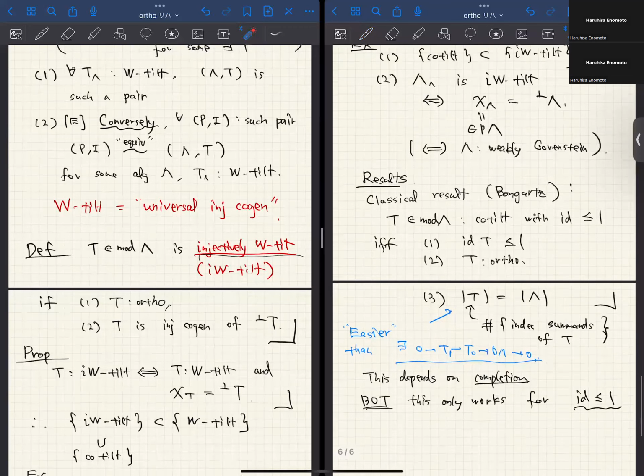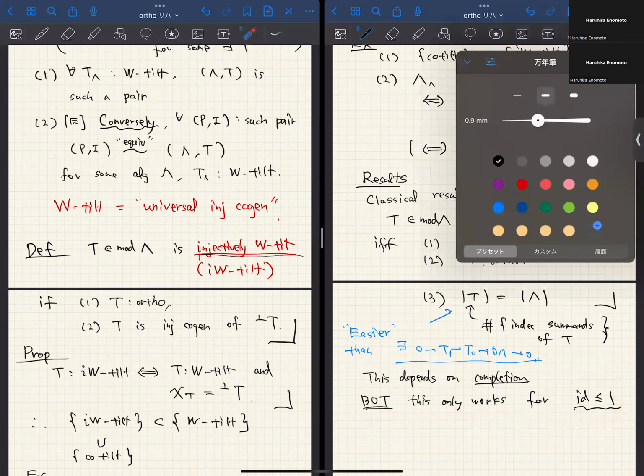But I want some similar theory for self-orthogonal modules, without any finiteness condition on injective or projective dimensions. But such a thing is very hard in general.